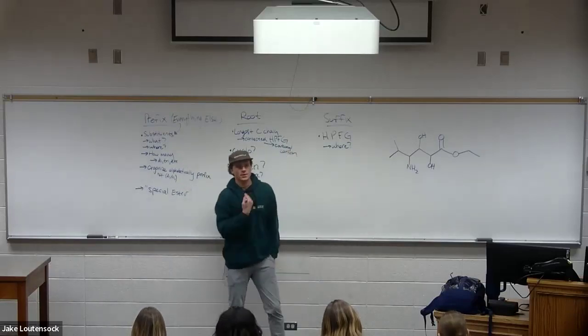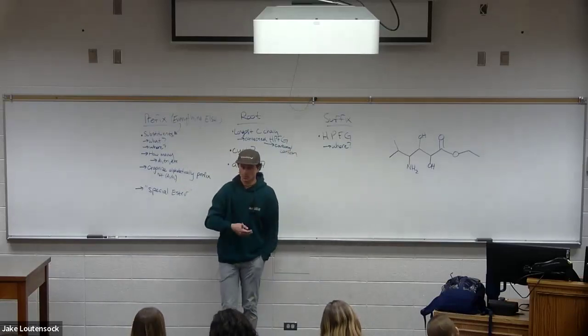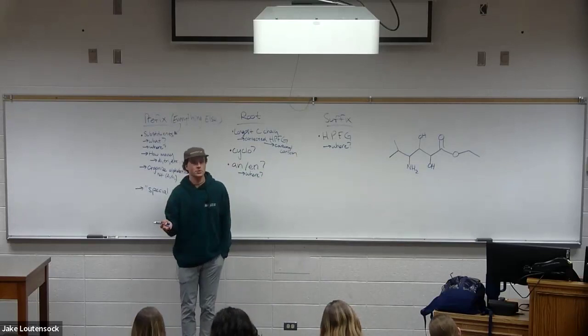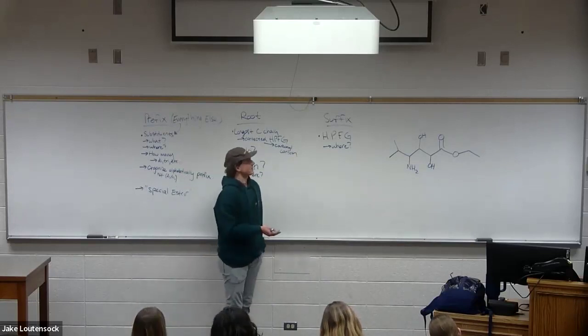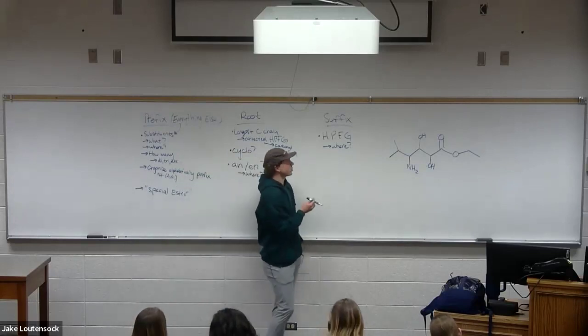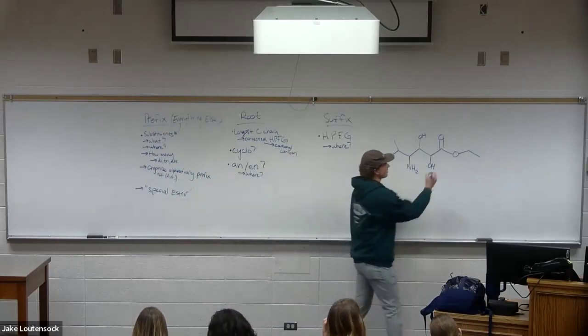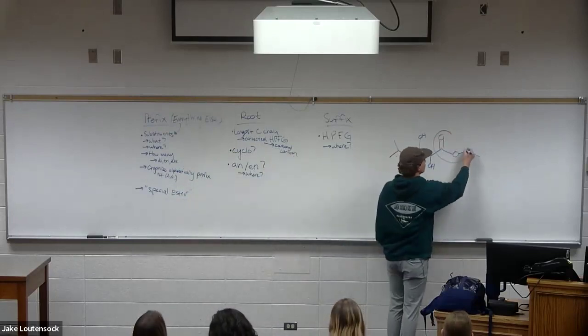So the first thing I always do, you can do either or: you can identify your highest priority functional group, or you can find the longest carbon chain. I say we identify the highest priority functional group and where it is. So what's my highest priority functional group? Ester.